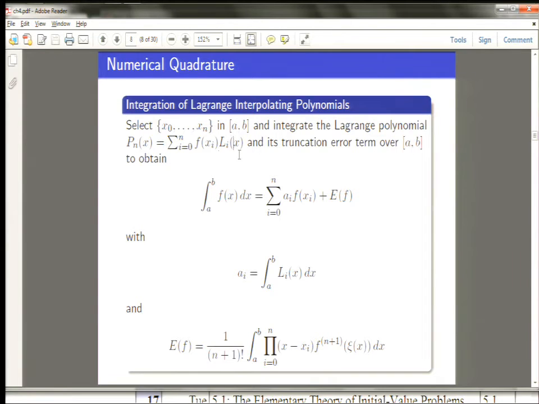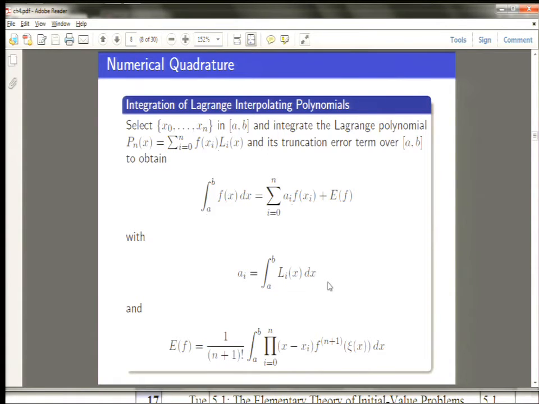If you want to integrate that, it's still a sum over function values times integrals of L. The only thing that depends on x in your polynomial is the L's of x. So in other words, the integral of f will be approximated by the sum of these f of xi times some numbers. And those numbers are really just the integral of these L's. Very simple. So all you have to do is to integrate L's.